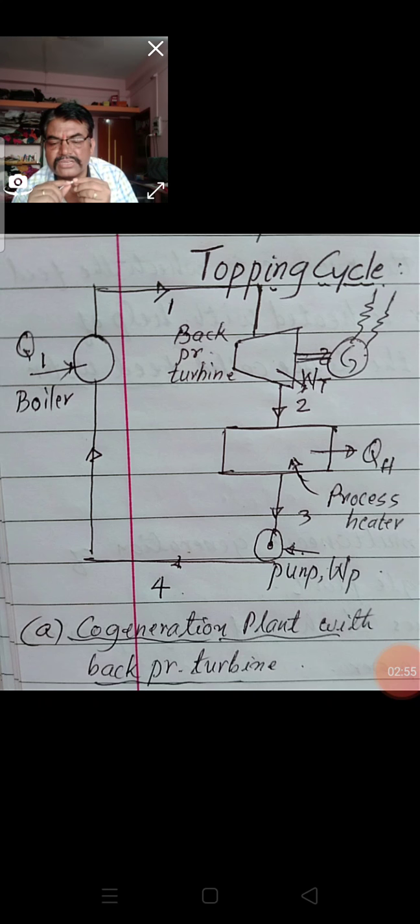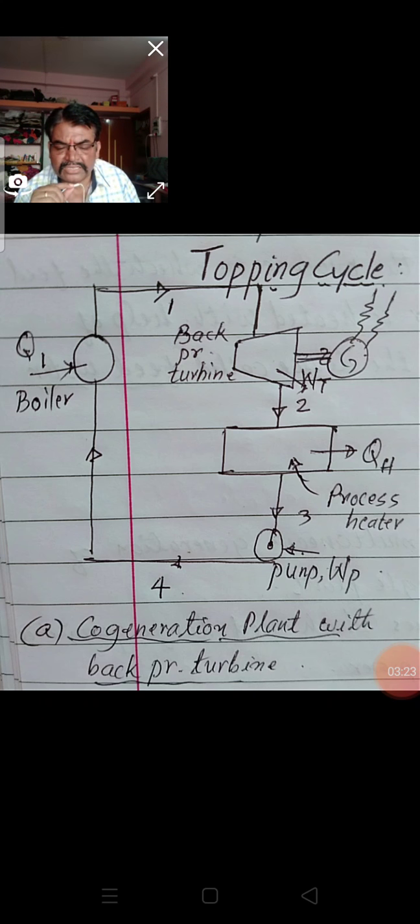The turbine is connected to the generator, and the generator generates electricity from the strength of the steam with which the turbine works. Why is it called a back pressure turbine? Because it uses the steam at the turbine exhaust.